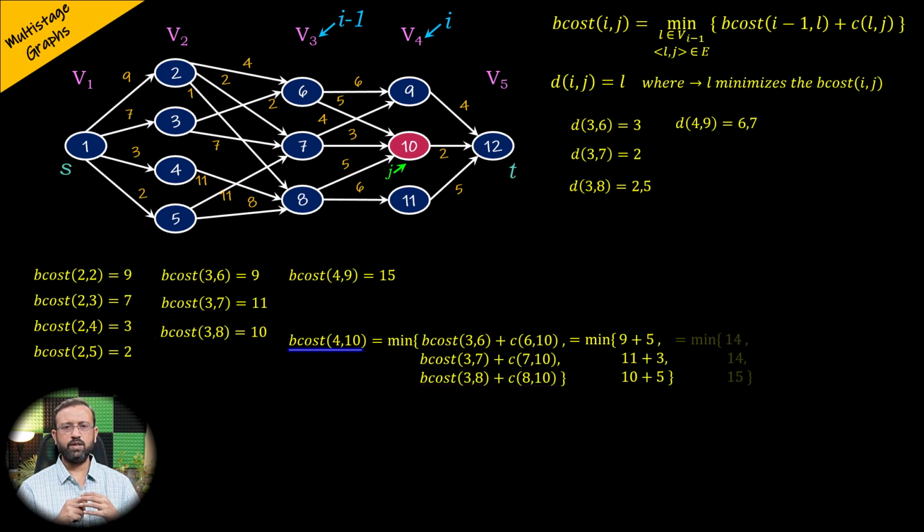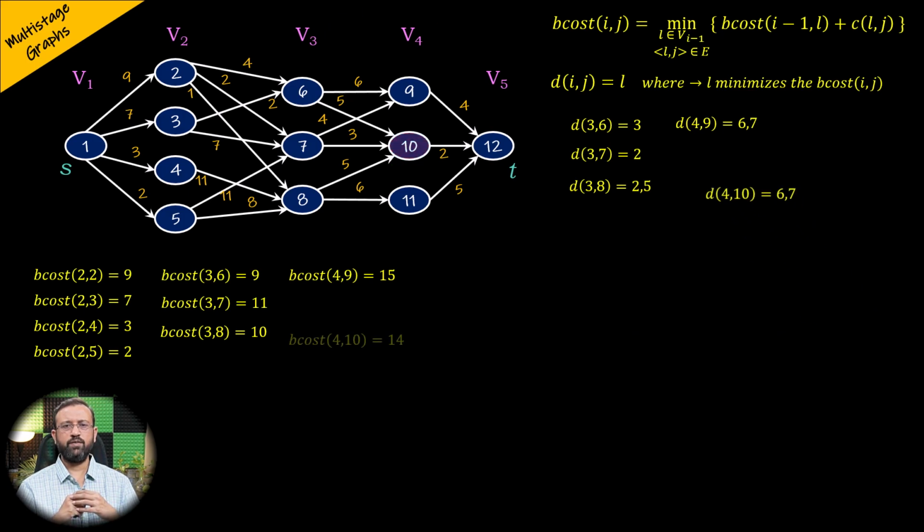So 9 plus 5 is 14, and 11 plus 3 is 14, and 10 plus 5 is 15. So 14 is the minimum cost, which is through vertex 6 and 7. Therefore, d of 4 comma 10, where 4 is the stage and 10 is the vertex, will be vertex 6 and 7. That minimizes the b cost 4 comma 10.